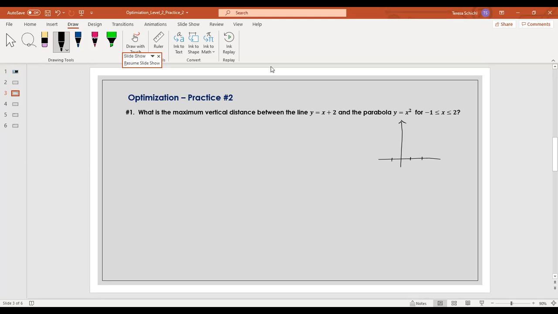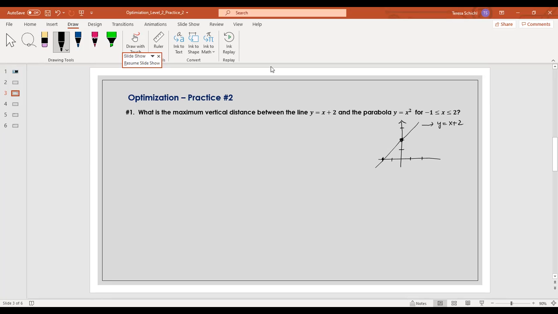So this is the graph here. y equals x plus 2, so it crosses at 2 here. This is y equals x plus 2.